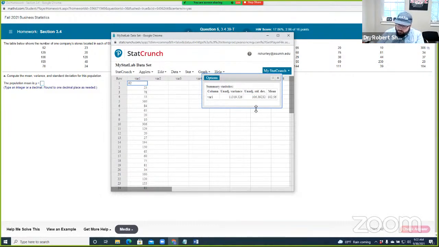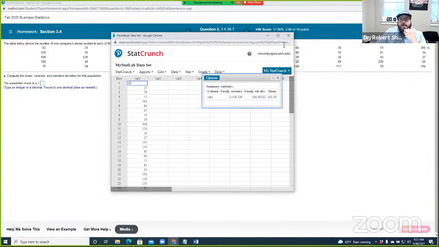So the population variance is going to be 11319. The population standard deviation is going to be 106, which is the square root of that, right? 106.392. And then the mean should be 102.56.